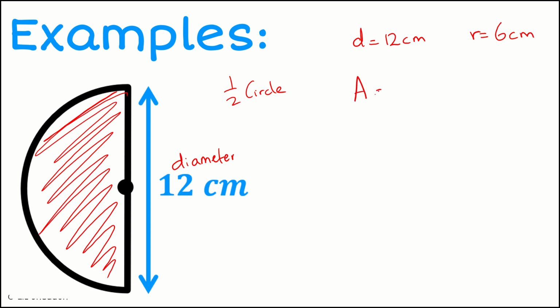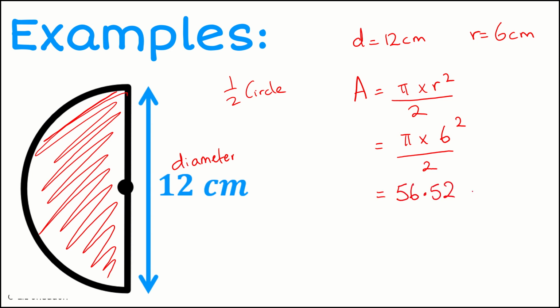Now I can find my area. The area formula for a full circle is pi times r squared, and I want half a circle, so I'm going to divide that by 2. So I'm going to say pi times 6 squared, divided by 2, put that into my trusty calculator, and that gets me an answer of 56.52 centimetres squared to 2 decimal places.